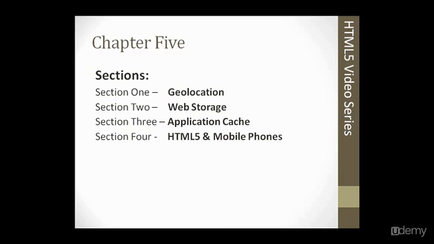If you wanted to put a welcome Bob at the top of the website, it could get the user's name and then display it. And then we're going to learn about application cache, which is all about offline-able pages, so we can cache our pages so that people can access them even without an internet connection.